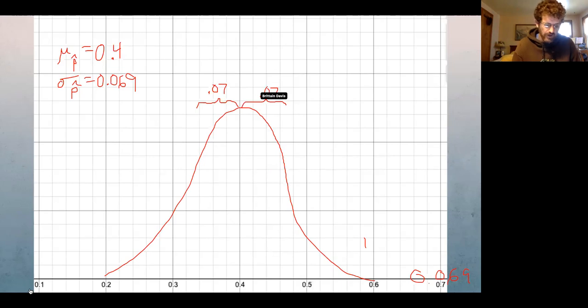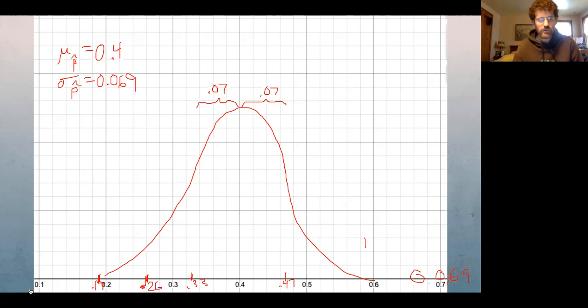Another way of thinking about this, if I summarize it to 0.07, that means 0.4, well, 0.07 away from that is 0.33. And then, of course, 0.47. If I go even further away, that's 0.26 and then 0.19. 0.26 and 0.19 is three standard deviations.